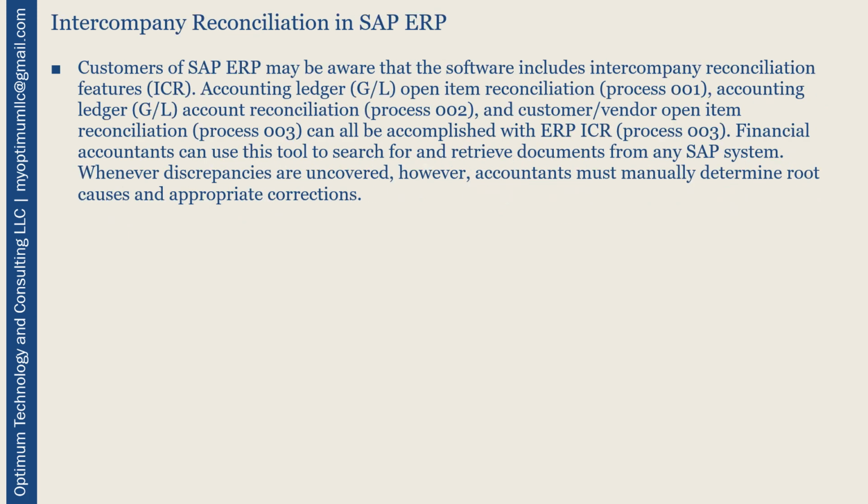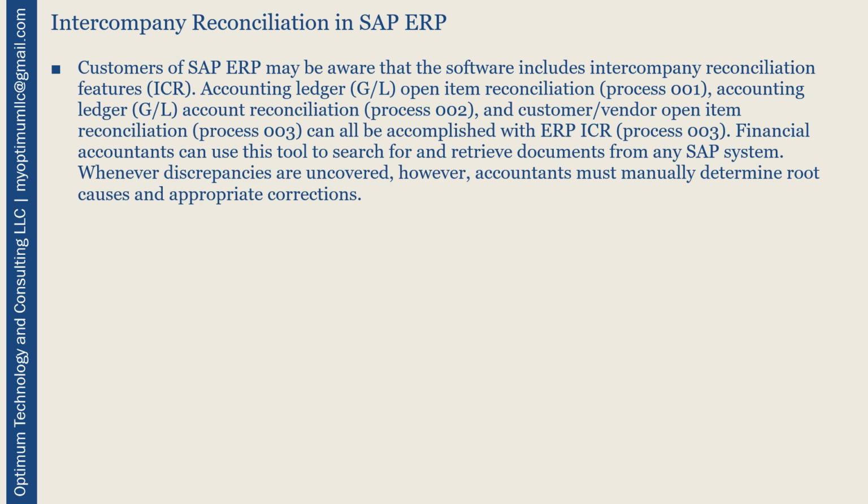Intercompany reconciliation in SAP ERP. Customers of SAP ERP may be aware that the software includes intercompany reconciliation features, ICR. Accounting Ledger G/L Open Item Reconciliation, Process 001, Accounting Ledger G/L Account Reconciliation, Process 002, and Customer/Vendor Open Item Reconciliation, Process 003, can all be accomplished with ERP ICR.